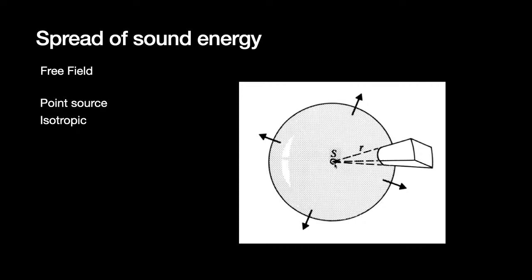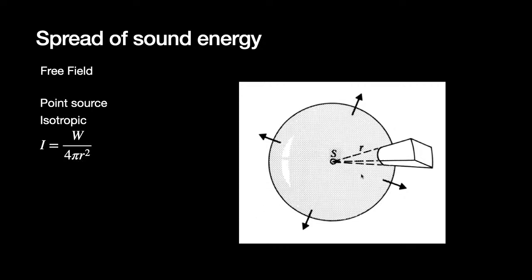Whatever power is emitted per unit time, as time progresses, the power goes on spreading over this entire area, but this area increases with respect to r square, and therefore intensity at any radius is defined as watt per unit 4 pi r square.